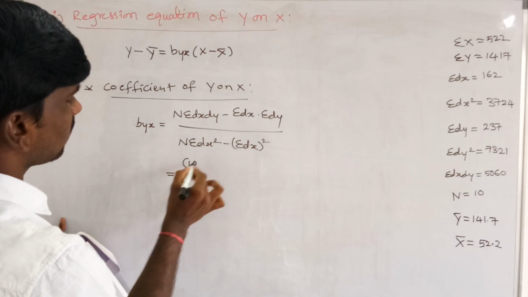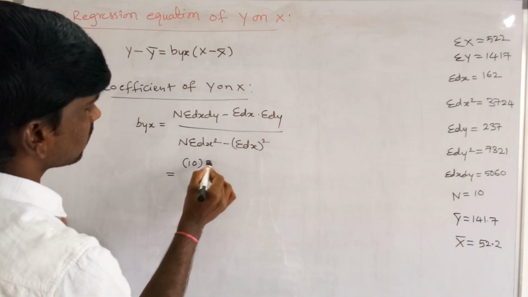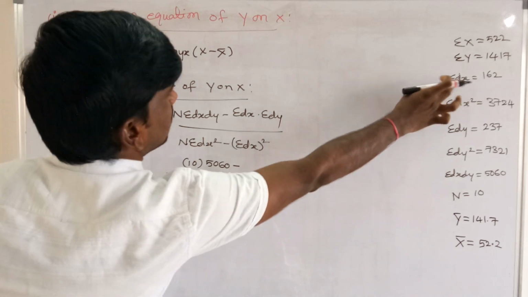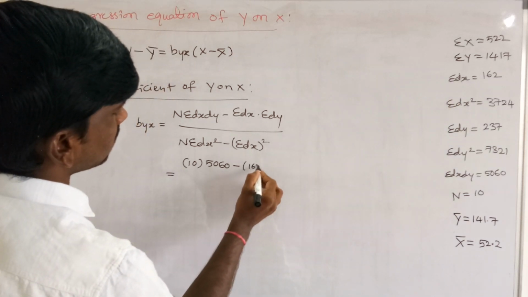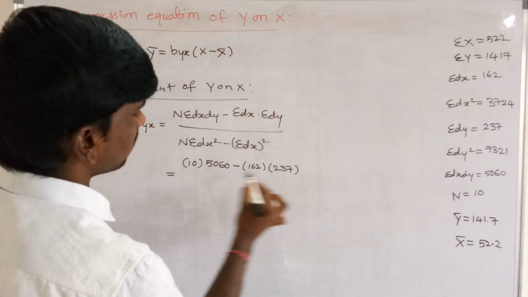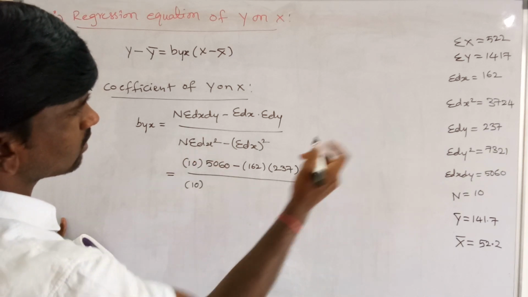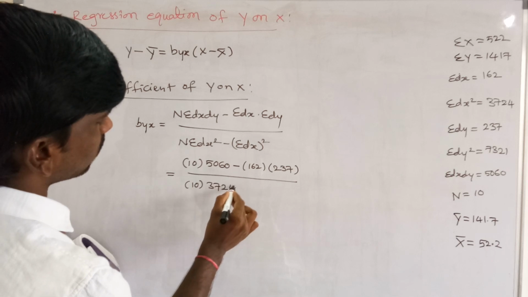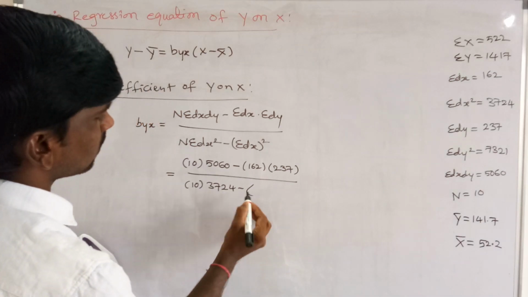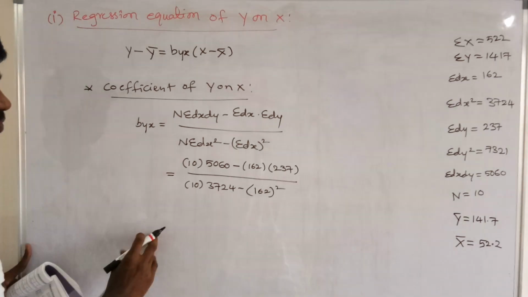N is 10 into summation of dx dy, that is 5060, minus summation of dx, 162, into summation of dy, that is 237, divided by n into summation of dx square, 3724, minus summation of dx, 162, square.